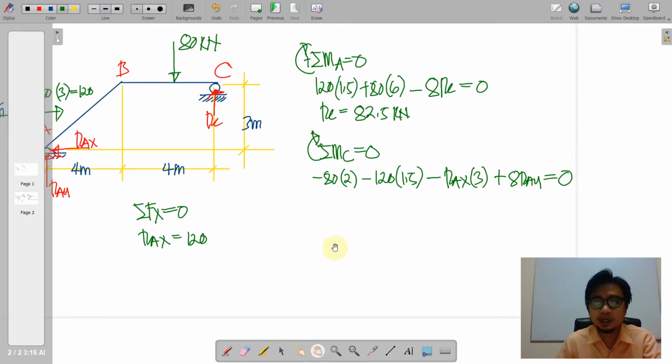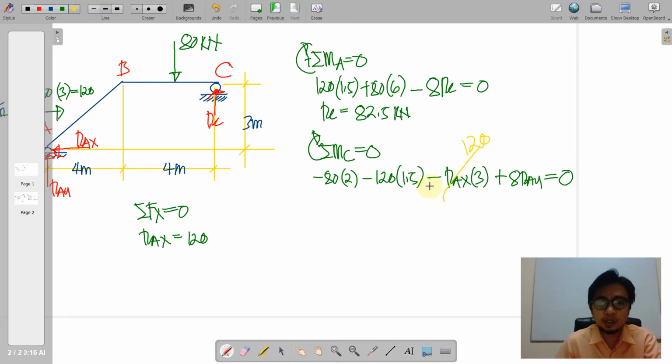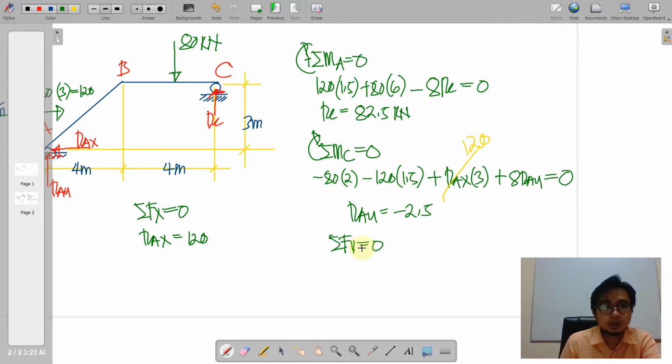And then we go back to this equation. We place the value of RAX and then solve for RAY. So this must be negative 2.5. So if we check this by summation forces vertical, we have upwards reaction RY.